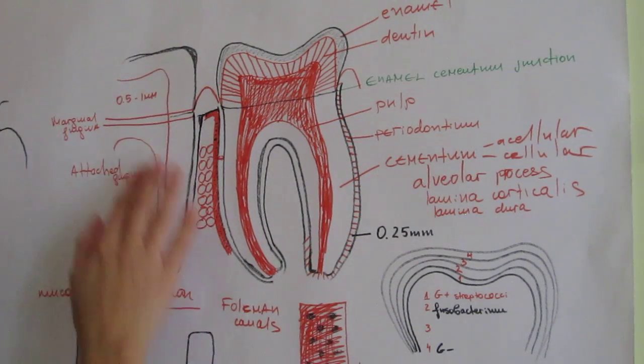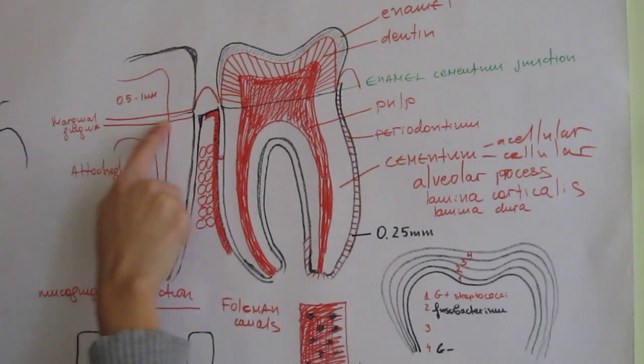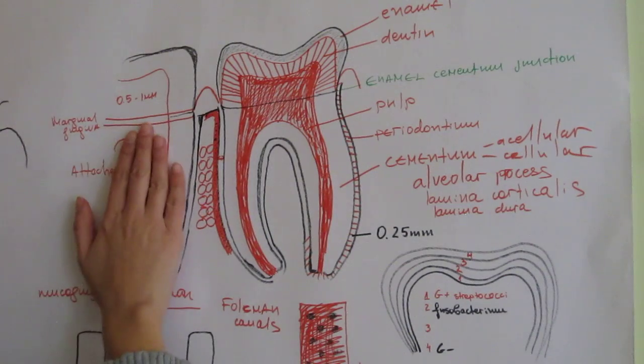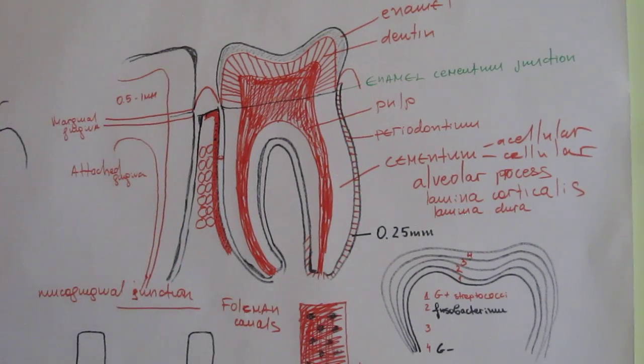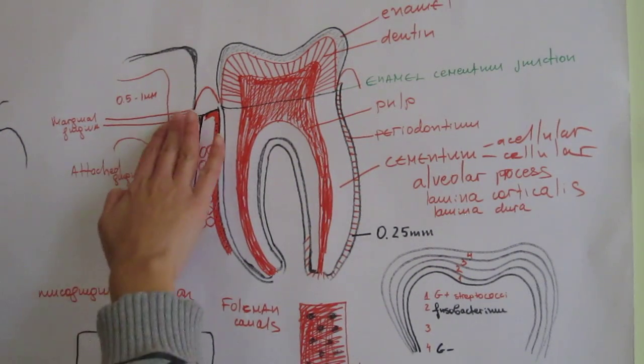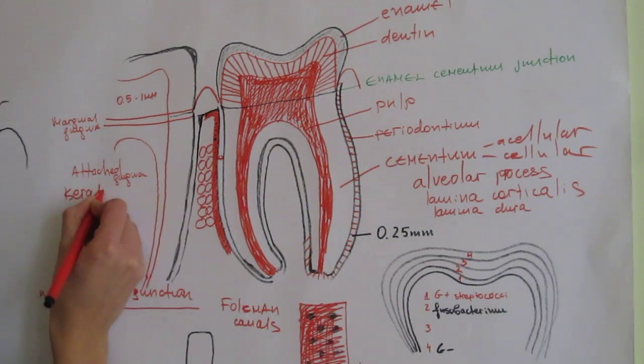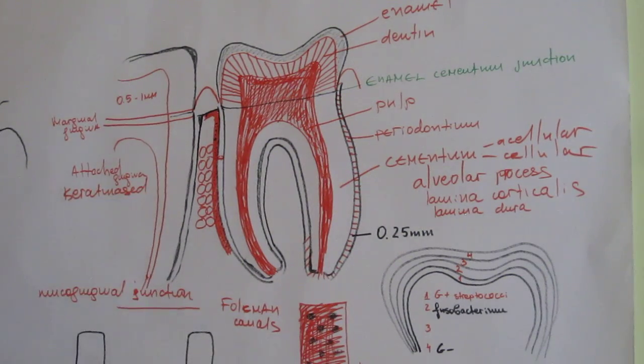This is a molar. Here we have the free gingival margin, marginal gingiva, attached gingiva, which is attached to the bone, vestibular part or lingual part of the bone, and then going apically we reach the mucogingival junction. The attached gingiva is usually keratinized, and the free unattached gingiva is unkeratinized.